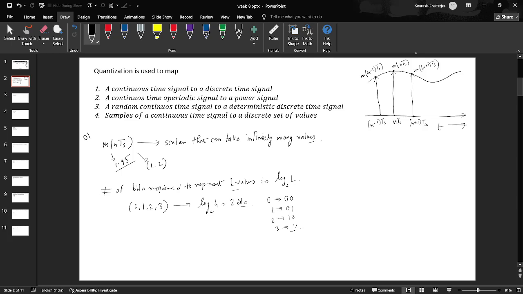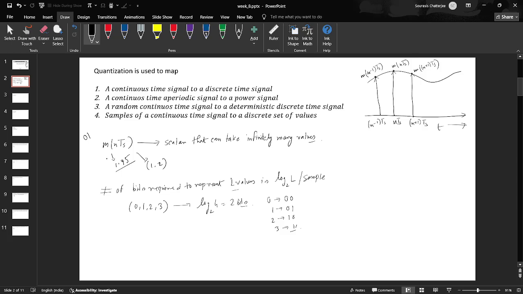You need 2 bits for each of these samples. So if there are 4 distinct values, you need log base 2 L bits per sample.